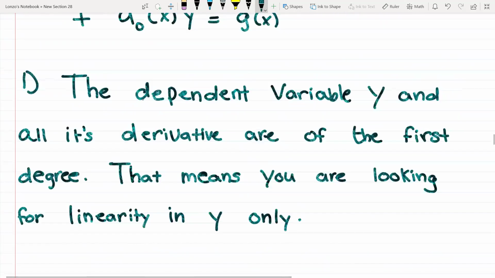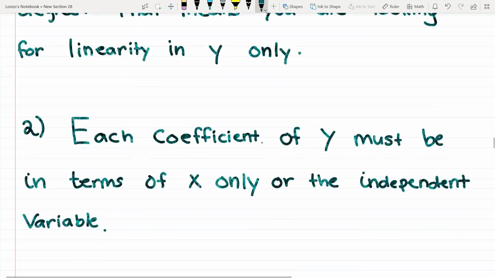So the dependent variable y and its derivatives are of the first degree. That means you're looking for linearity in y only. Each coefficient of y must be in terms of x only, or the independent variable.